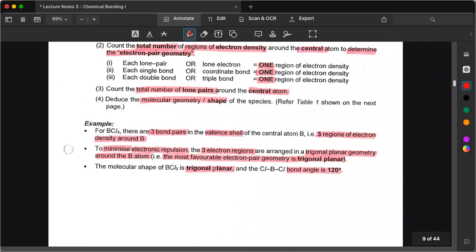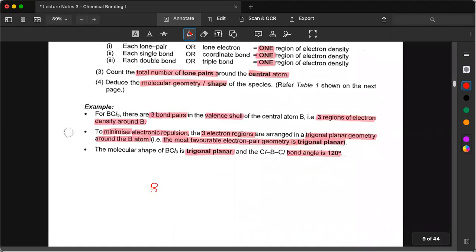So boron is the central atom. The atoms are arranged as far apart from each other as possible to minimize repulsion. This is a dot and cross diagram, not the molecular geometry yet.